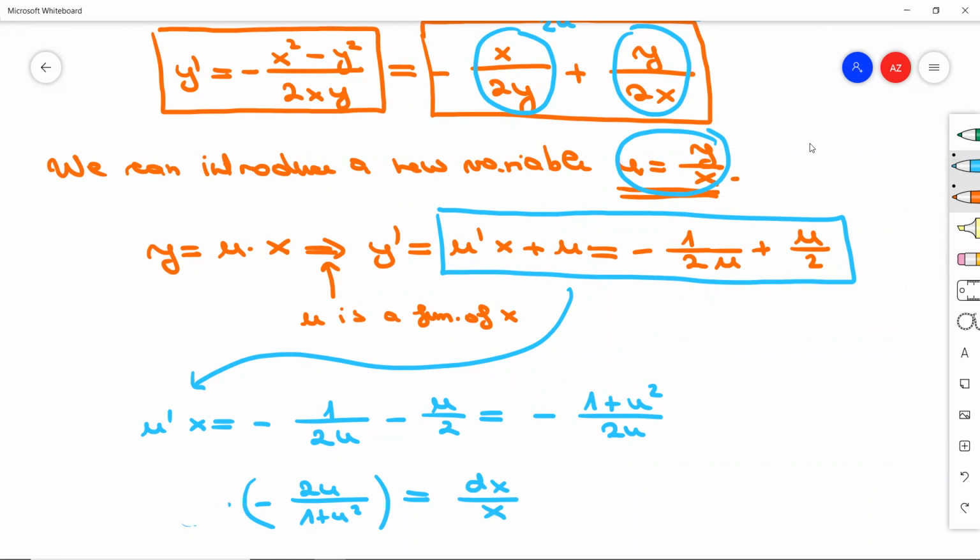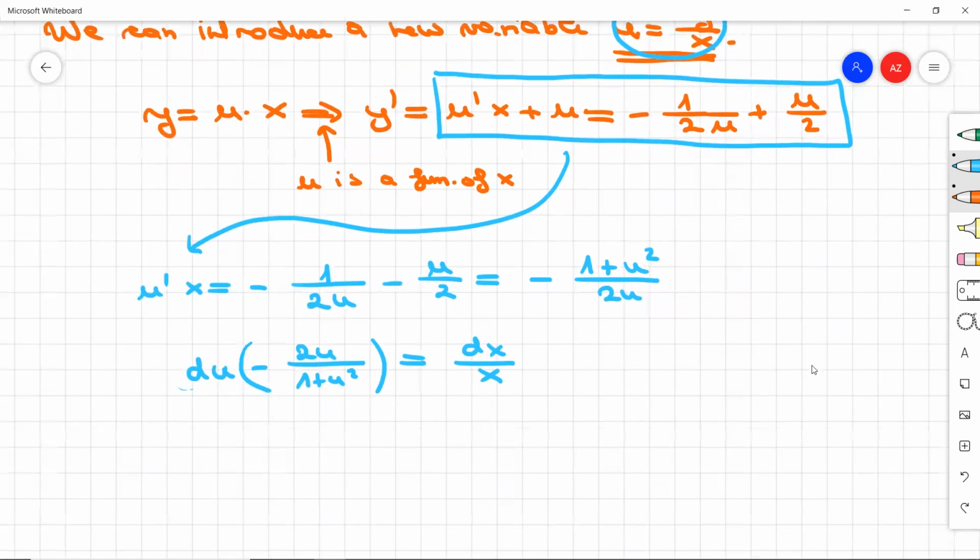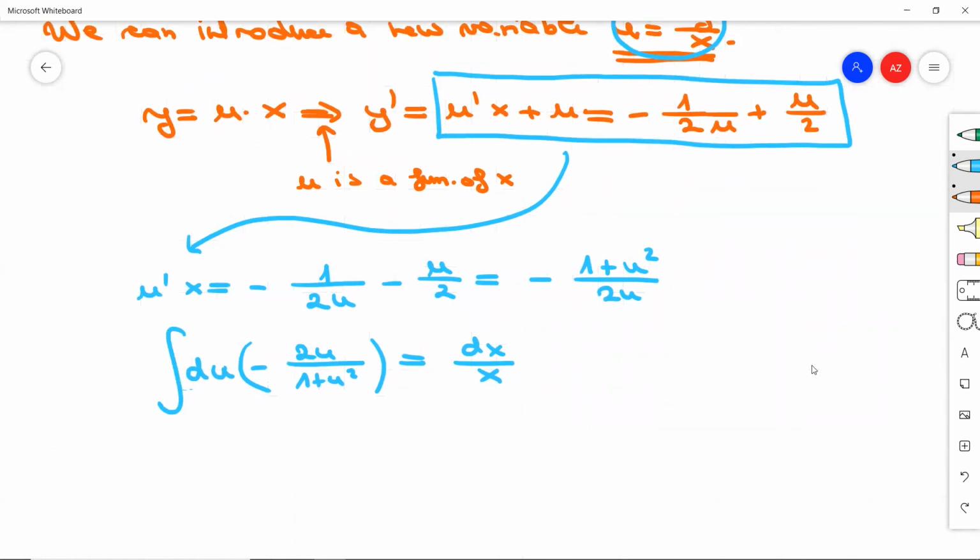So I separated variables. And now I can integrate both sides. And here you have to notice that how to integrate this part is again introducing a new variable. So v is 1 plus u squared, and then dv will be exactly 2u du.